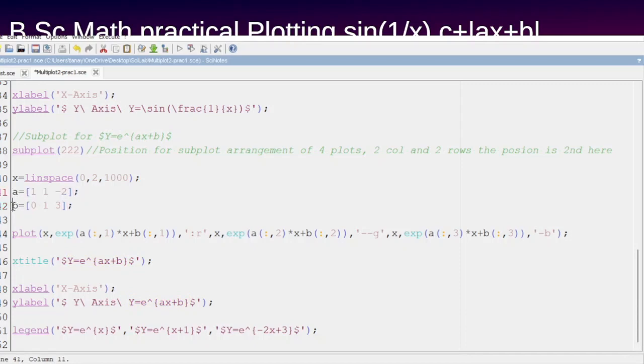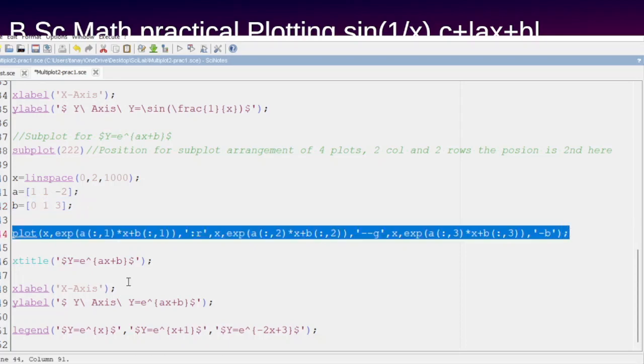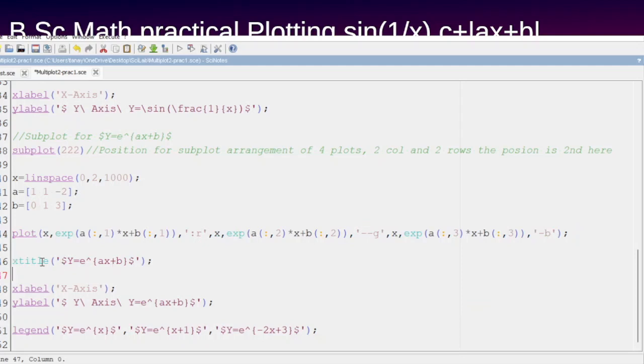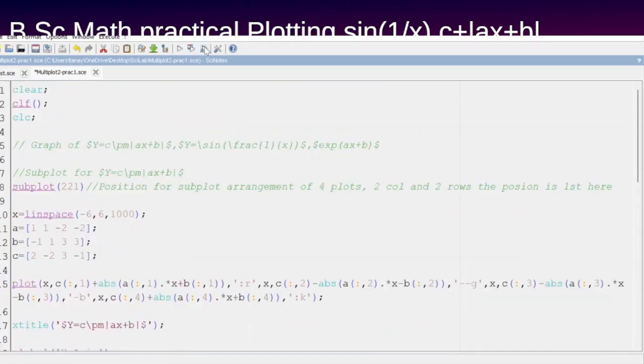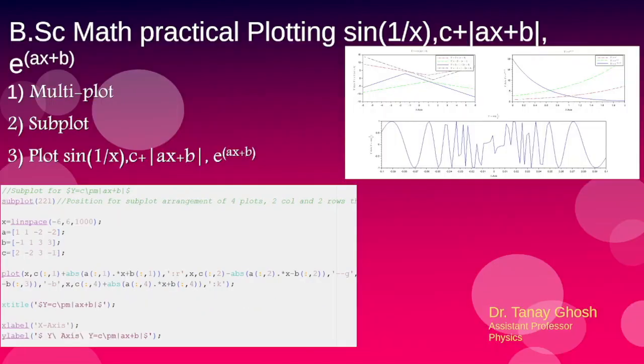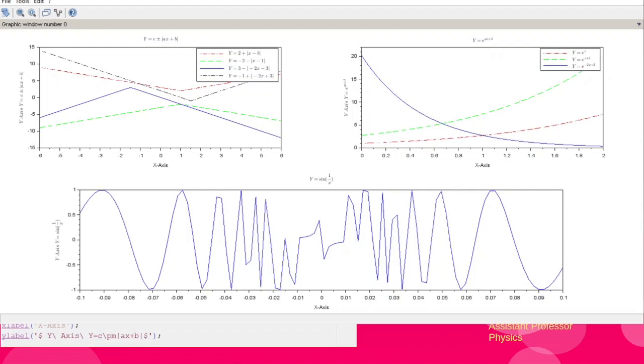Similar technique I have used, a and b, I have taken 3 points, and I use the same technique for a multiplot, and I have given the x title, the title of this subplot, x label, y label, and legends as have to be written in our multiplot. Now I run this. Let me show the graph, let it come. Here it is.